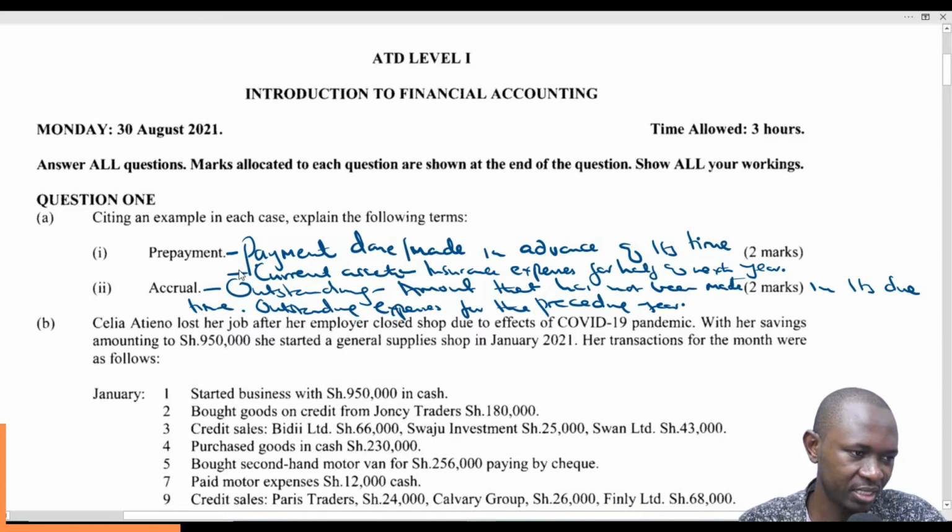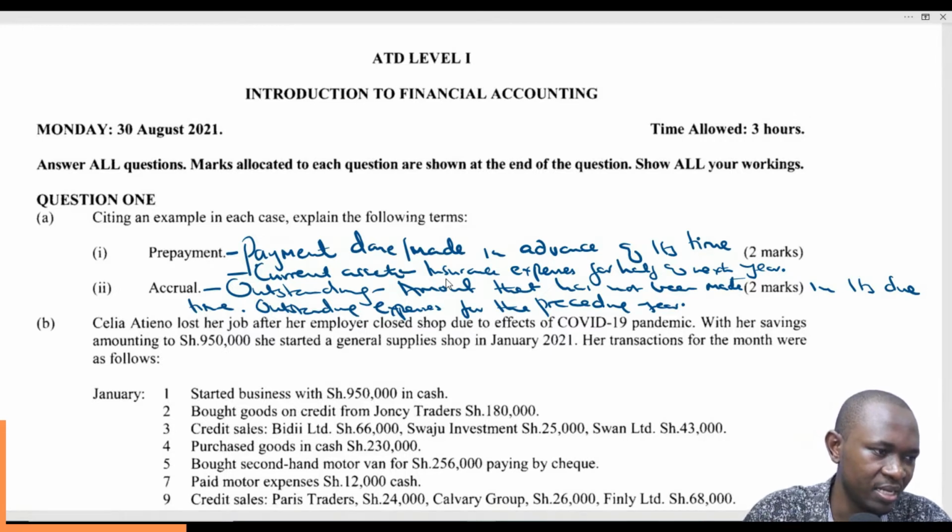So prepayment is payment in advance; accrual is an outstanding payment or receipt. A prepayment can be a payment or a receipt in advance. That will be the summary for this.